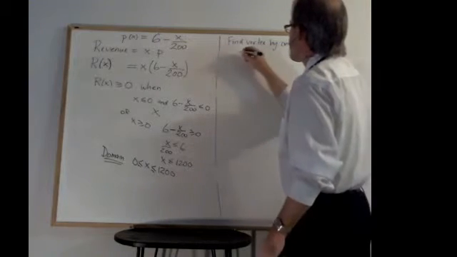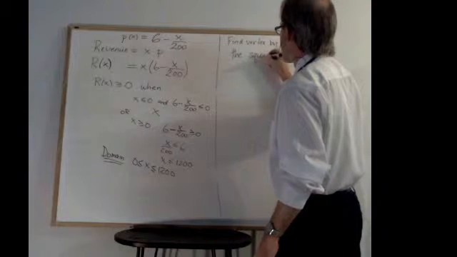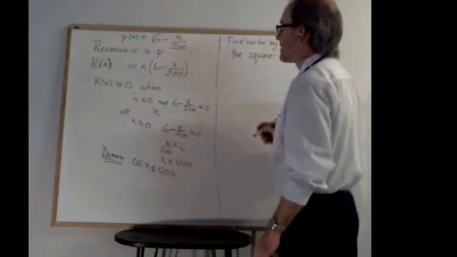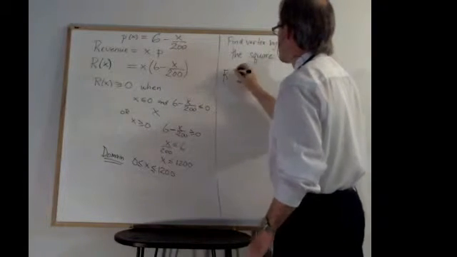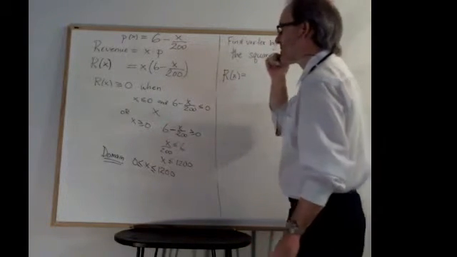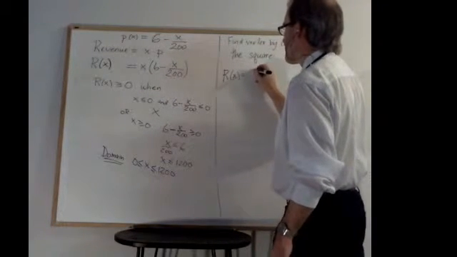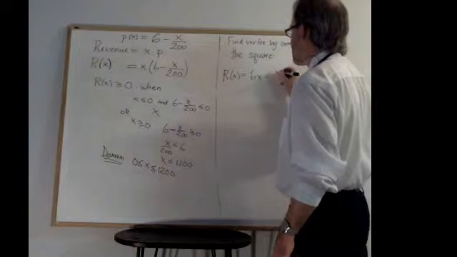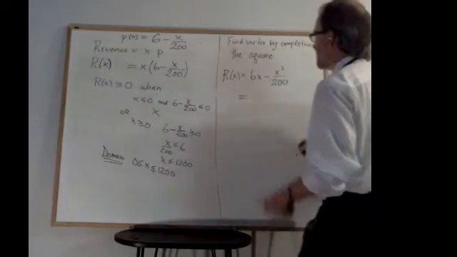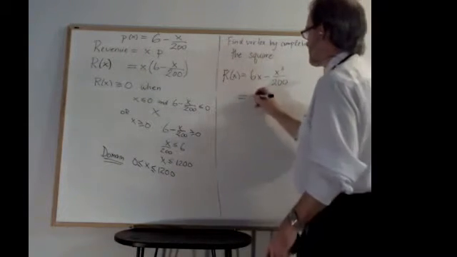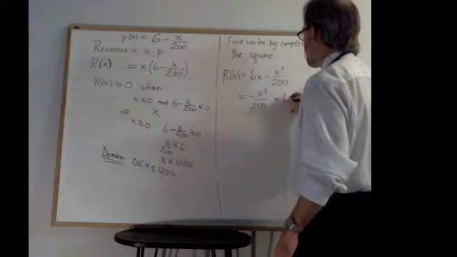Find the vertex by completing the square. Okay, so here we have our function. To complete the square, we expand it out, so eliminate the brackets. So I get 6x minus x squared over 200. And you can rewrite it like this.